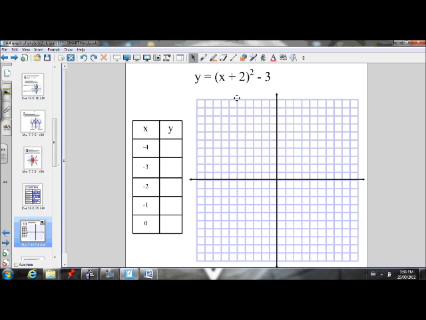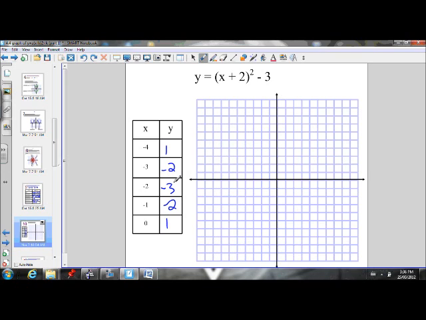We plug all of those into our equation to get y values of 1, negative 2, negative 3, negative 2, and 1.